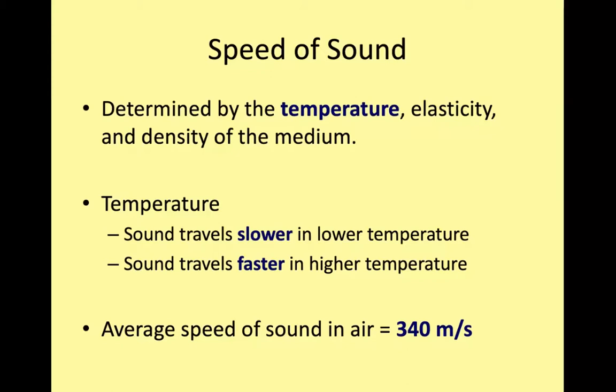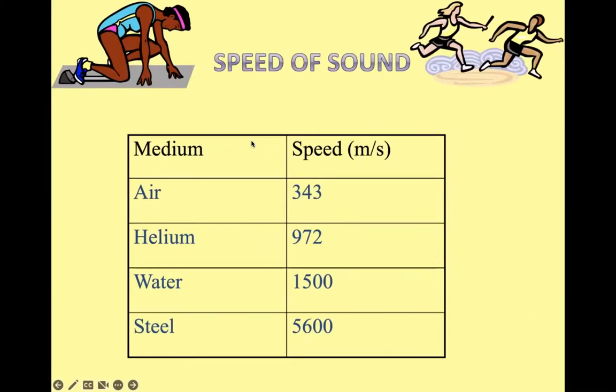The average speed of sound in the air is 340 meters per second. All right. Next. This is some of the example of the speed for sound to travel through air, helium, water, or steel.